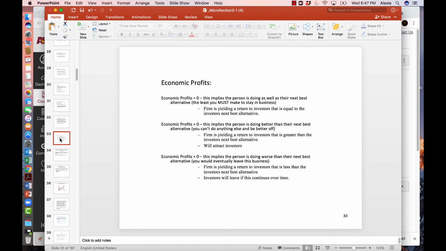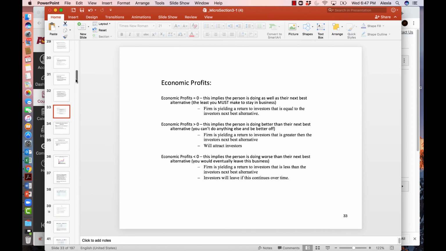So with all of that, slide 33 is real important, particularly when we start studying market structures. But what you've got to understand is that when we study profits, they are based on economic profits, which is revenue minus total costs, including both the implicit and the explicit costs.